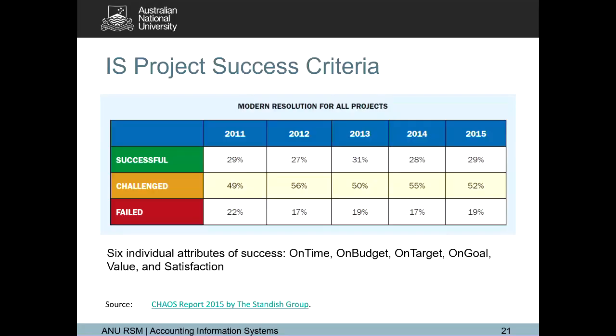This shows the success, challenge, and fail statistics, and you can see that successful projects up to 2015 were only 29%. Consistently they perform at the same level from 2011. Some say that as years go by, it becomes more challenging for them in system development.